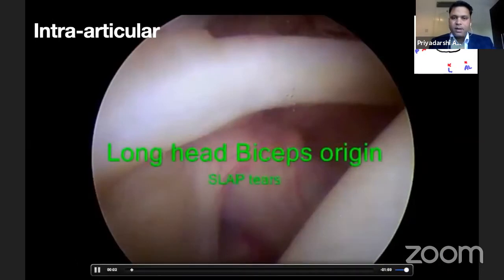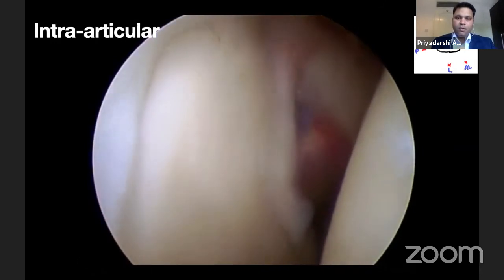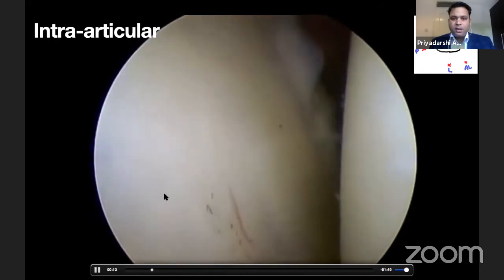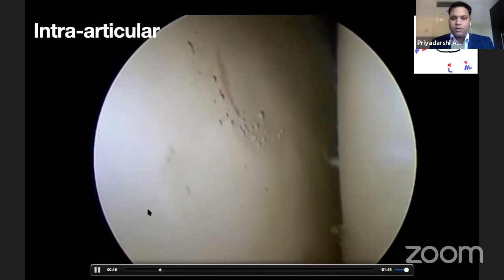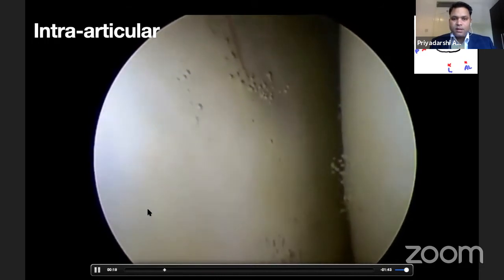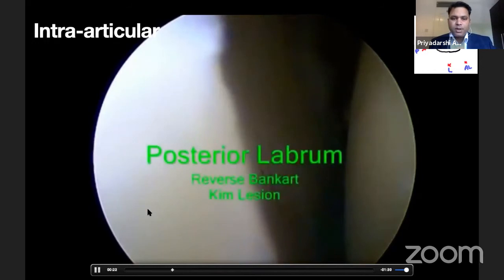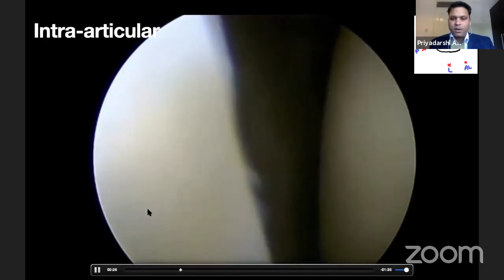So the first structure encountered in the shoulder arthroscopy is the long head of biceps tendon as it inserts into the superior labrum. And then you look at the cartilage, both the glenoid and the humeral, where you can appreciate the bare spot on the glenoid. And then you retract the scope posteriorly and look at the posterior labrum, which is attached on the posterior glenoid.